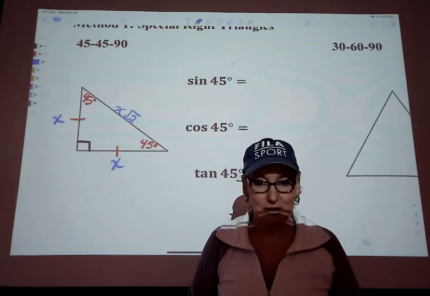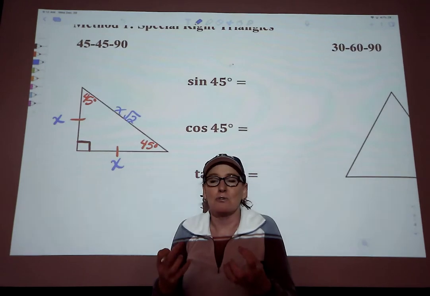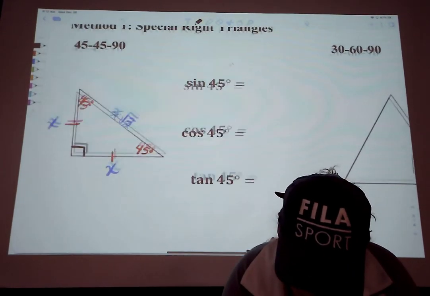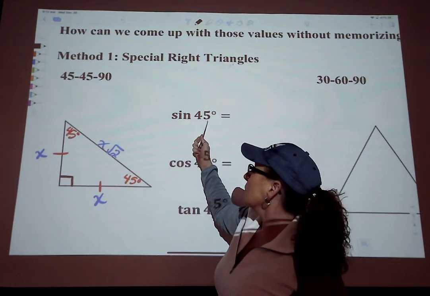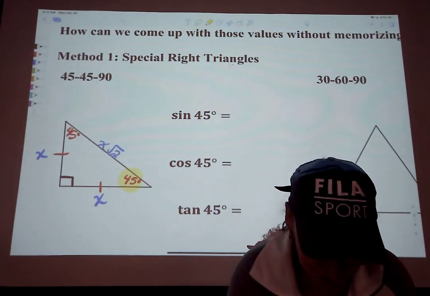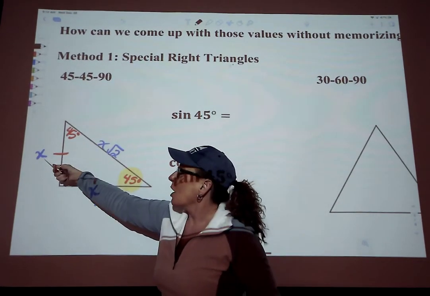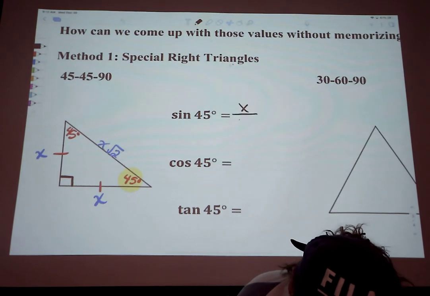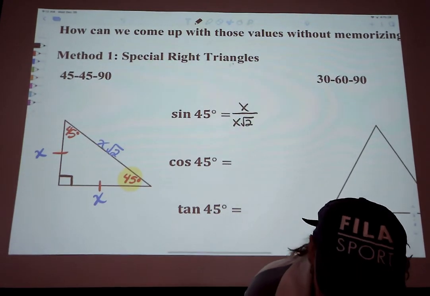Let's make some fractions. Even though I don't have any actual values for my triangle, let's make some fractions. This is going to be cool. Here we go. Sine 45 degrees. Pick a 45-degree angle, I don't care which one. Let's do opposite and hypotenuse. Opposite over hypotenuse. What's going to happen to your x's?